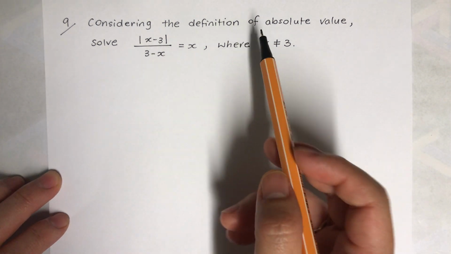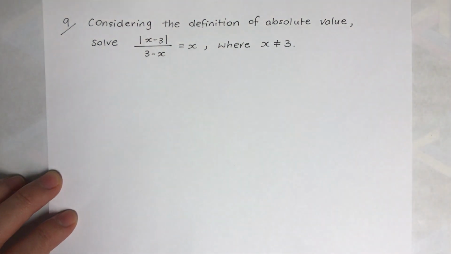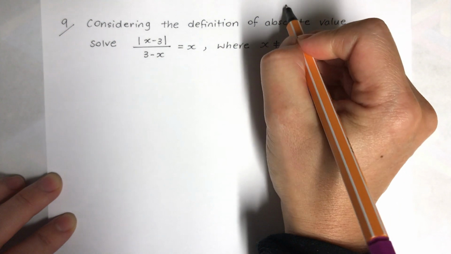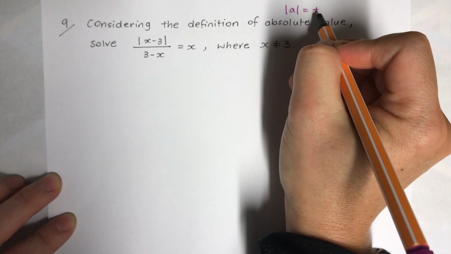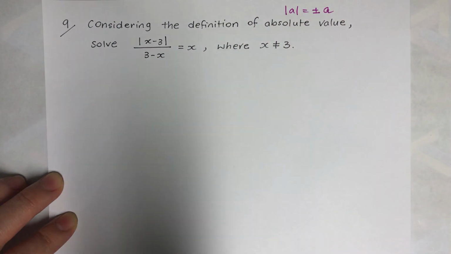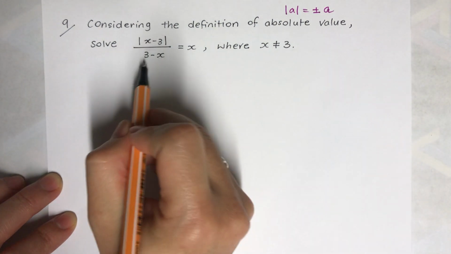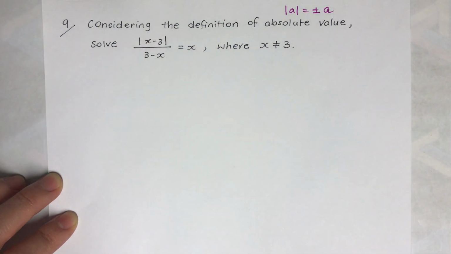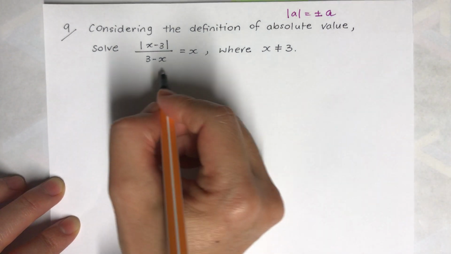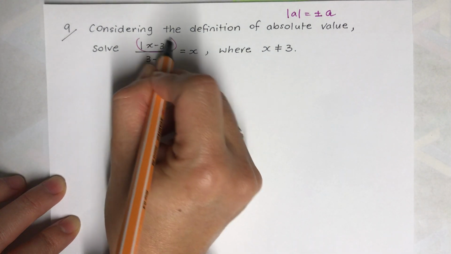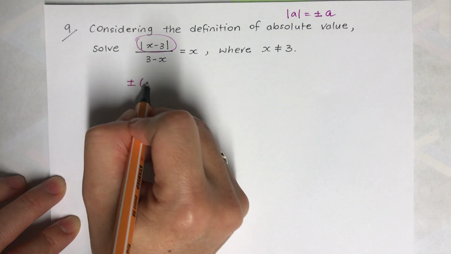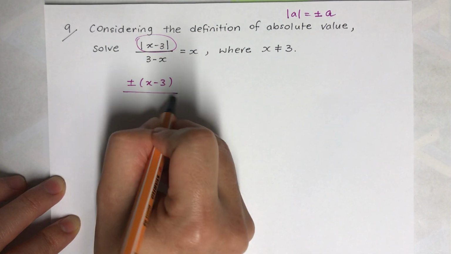So using the definition of absolute value, what's the absolute value definition? It will be equals plus or minus a, and solve this where x cannot be 3 because you can't divide by 0. Now what happens here is this, we can rewrite it like this.